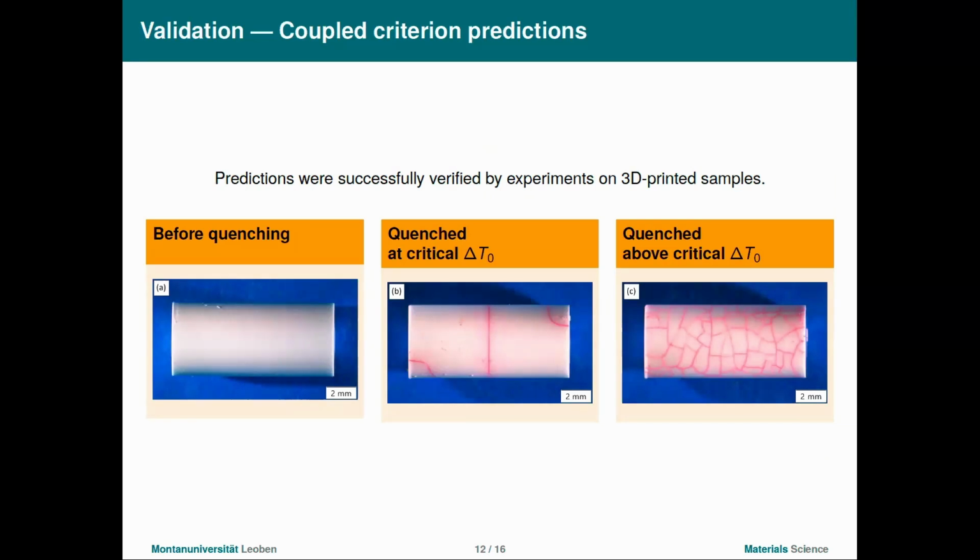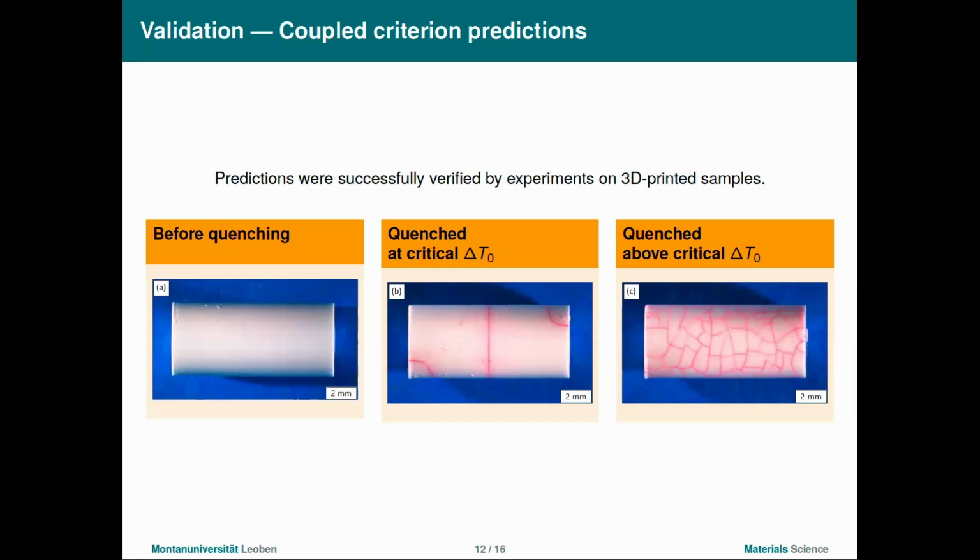We also use a 3D printing approach to manufacture samples and compare predictions with the experiments. And I was surprised it matches the predictions well, because the coupled criterion does not only provide the information when it cracks, but we could also do some sensitivity analysis.